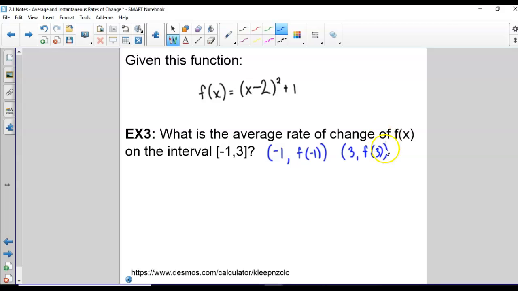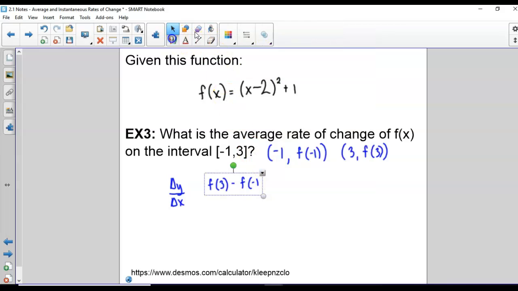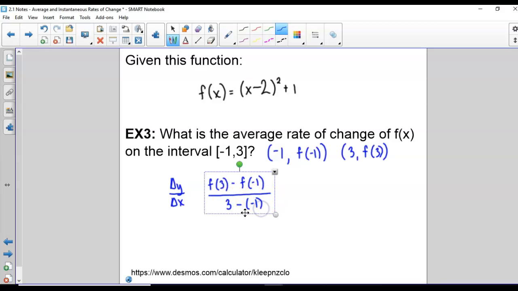So we could find the average rate of change by doing our change in y over our change in x, which in this case would be f of 3 minus f of negative 1 over 3 minus negative 1.